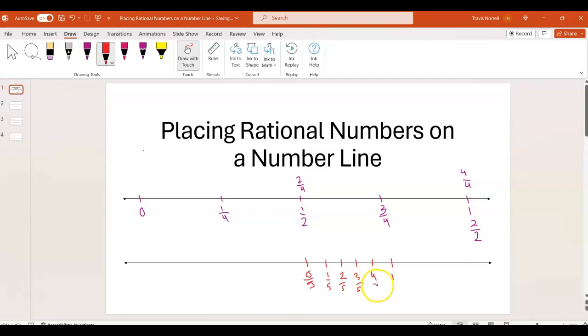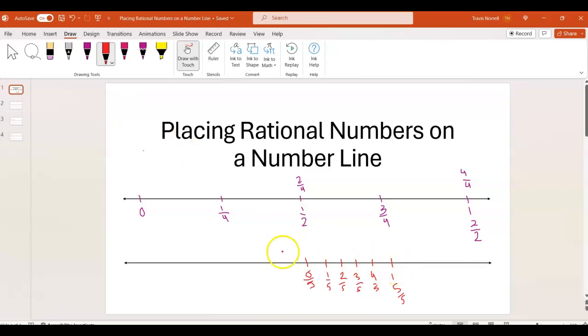Excuse my writing, I'm trying to draw with a mouse. And of course, 1 whole would be 5/5, because 5 goes into 5 1 whole time.